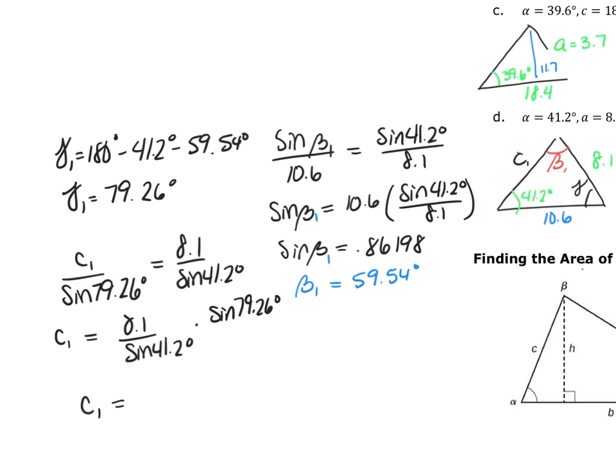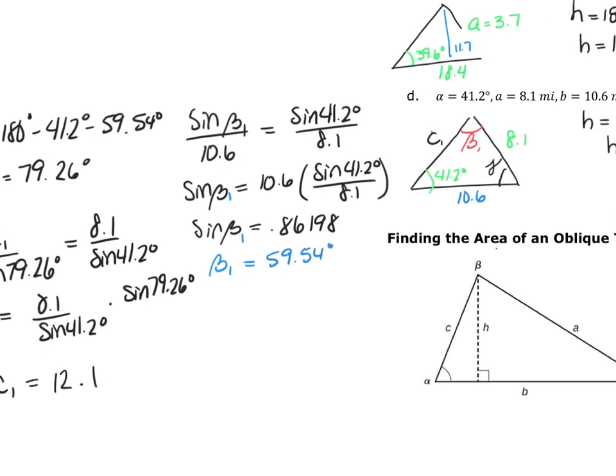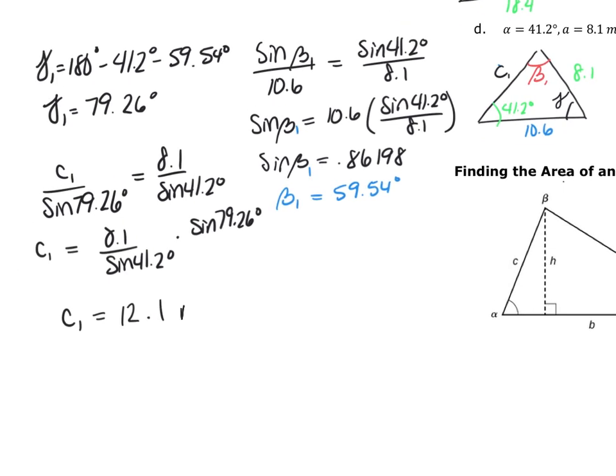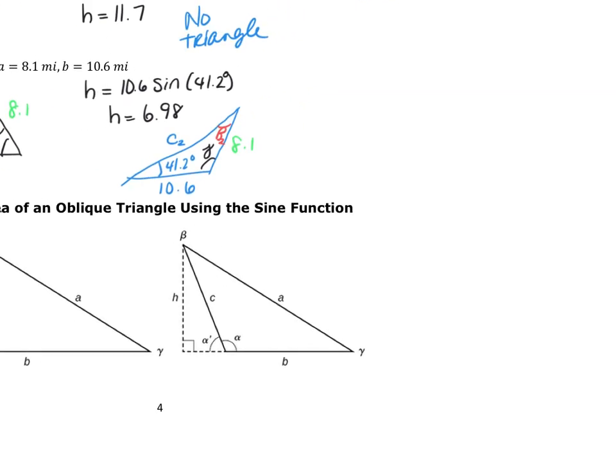So my C sub 1 ends up becoming 12.1, whatever my units are, which are miles. So this is in miles. Now, I have found my C sub 1, beta sub 1 and gamma sub 1 for my first triangle. Now I have to repeat this whole thing for the second triangle that's going to be built.